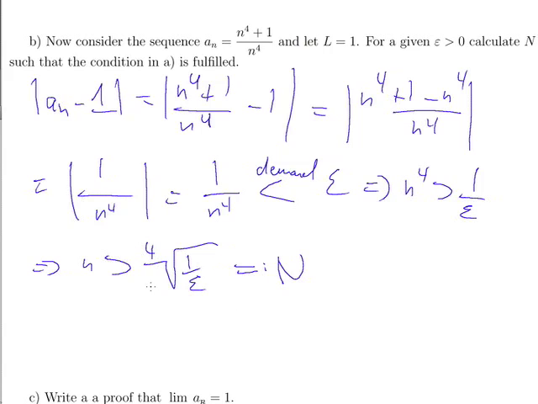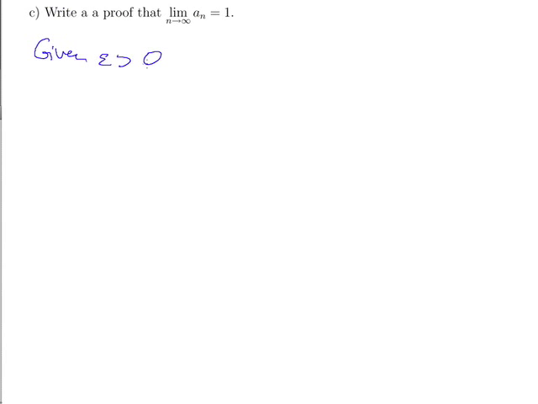So we have this value for big N, and with this we now can write the actual proof for convergence. Here the text is very important because that is really connecting the expressions which we have. So we assume that we are given epsilon greater than 0. Now we need to show the definition.